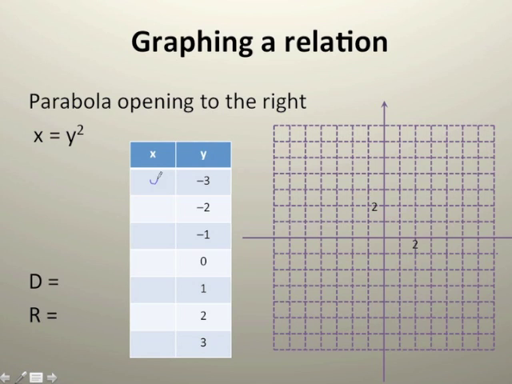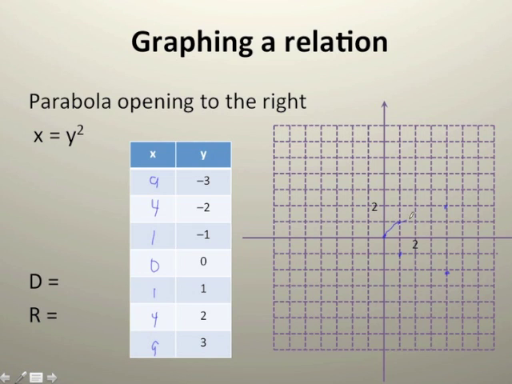So 9, 4, 1, 0, 1, 4, 9, those same numbers we had before. 9, negative 3 would be approximately here. 4, negative 2, 1, negative 1, 0, 0, 1, 1, 4, 2, and 9, 3.